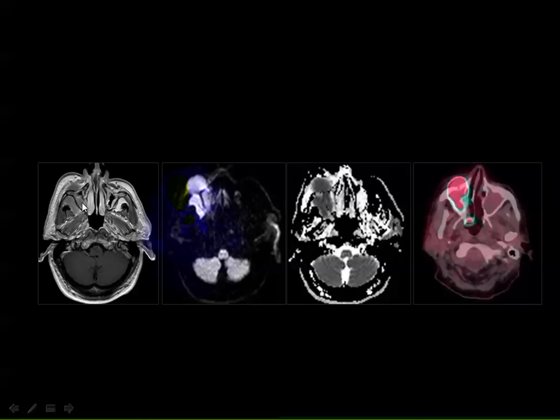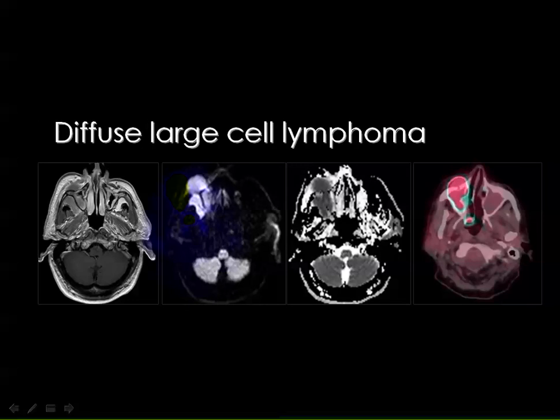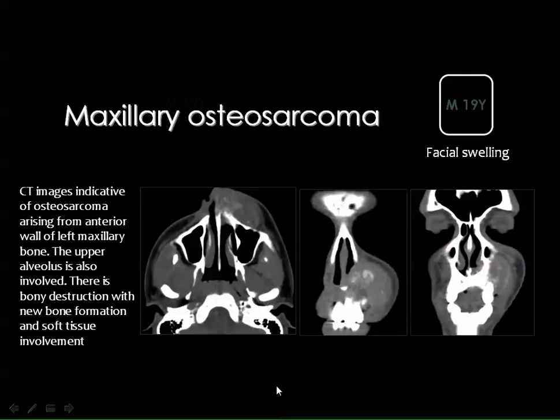You see a mass inside the sinus and infiltrating outside the sinus and also in the cheek. This mass has restricted diffusion, being of dark signal in the ADC, diagnostic of being malignant, and this was confirmed by the marked uptake on PET CT. Then this was diagnosed after biopsy to be a large cell lymphoma.